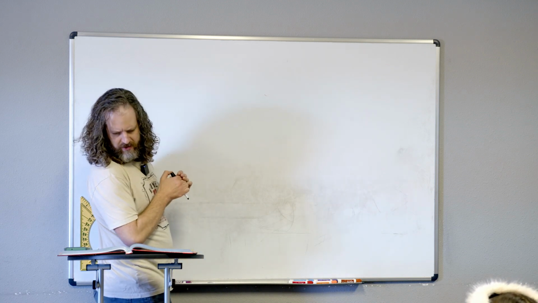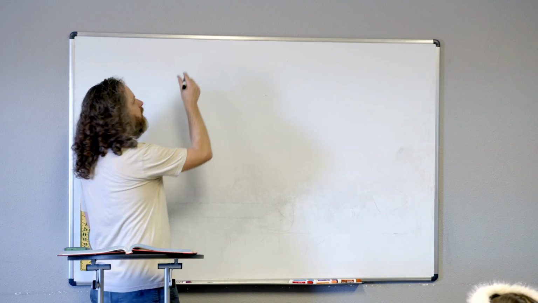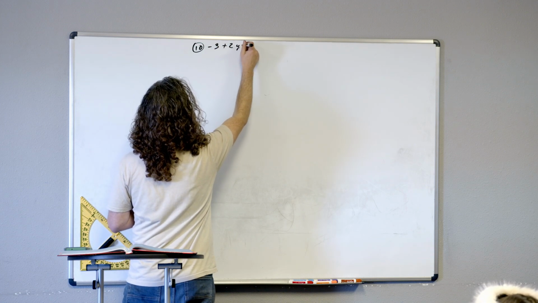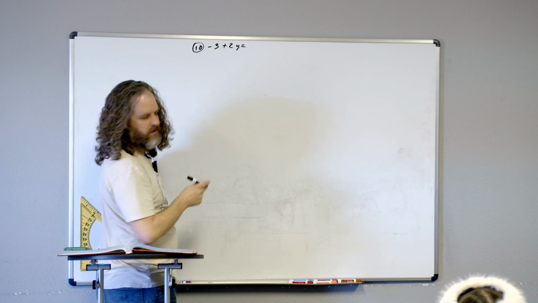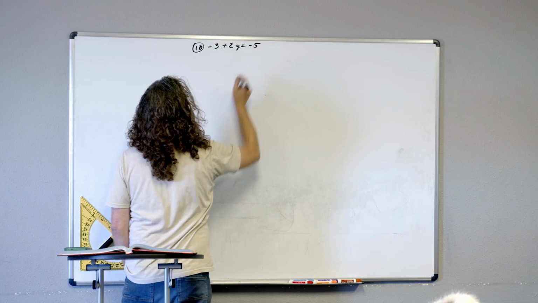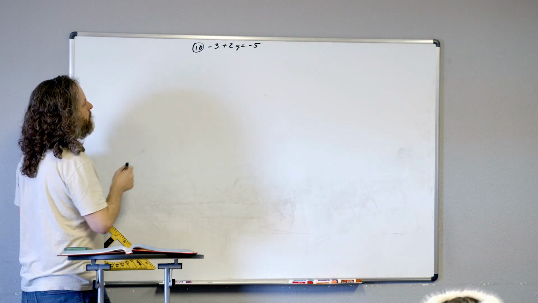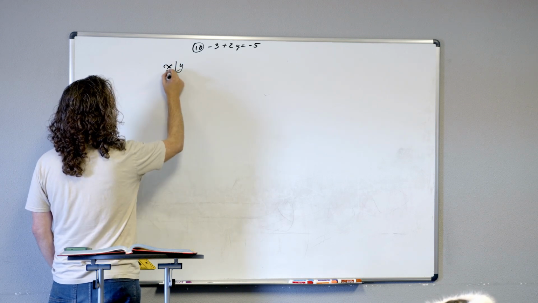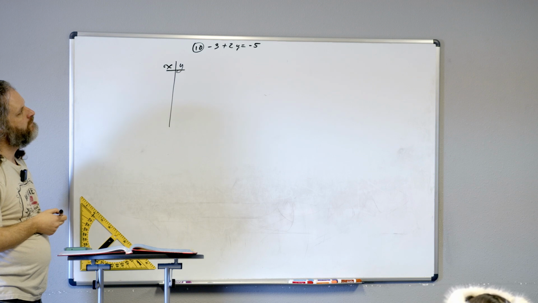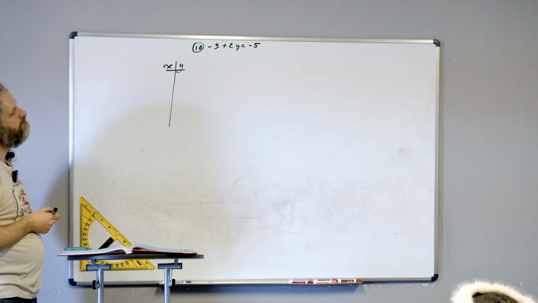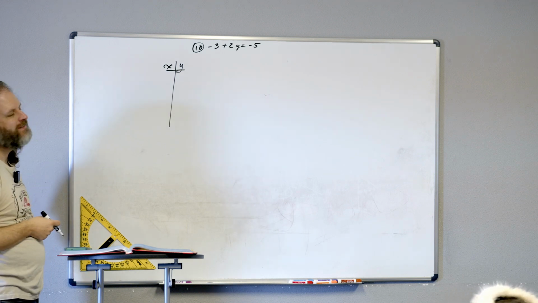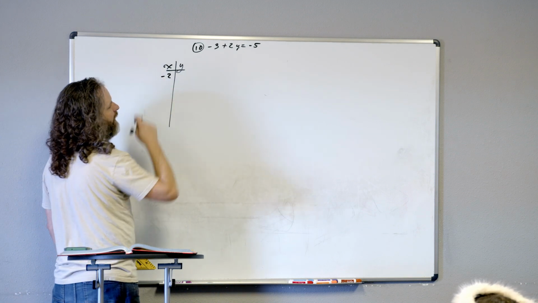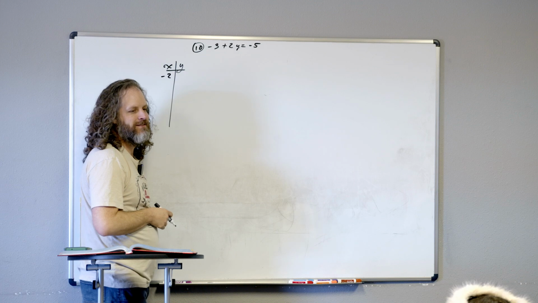Number 10, we are supposed to graph each equation by making a table, then state the domain and range. Number 10's equation is -3 plus 2y equals -5. If I plug in a -2 for x, what would happen?